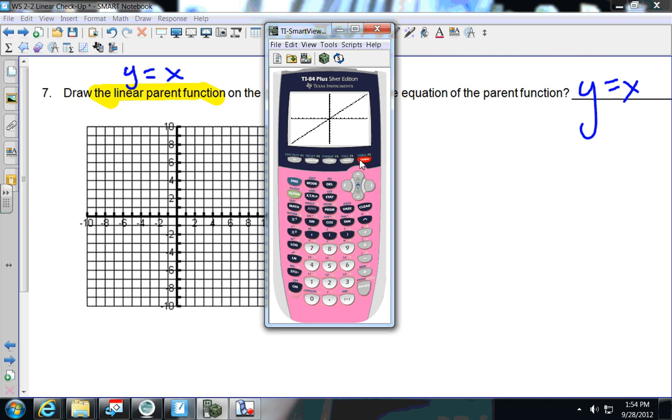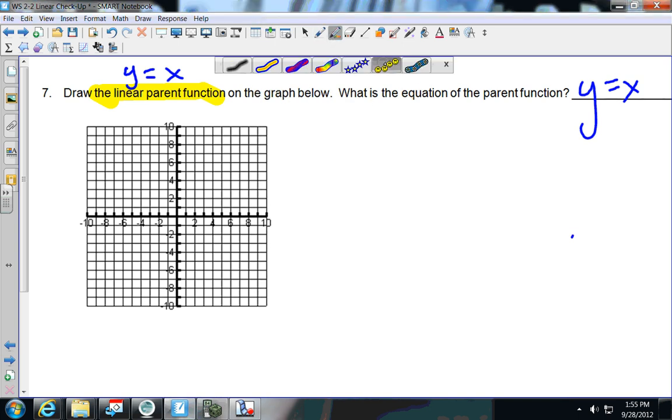You can look at the points and plot them: 0, 0, over 1 and up 1, over 2 and up 2, over 3 and up 3, over 4 and up 4, negative 1, negative 1, negative 2, negative 2, negative 3, negative 3.